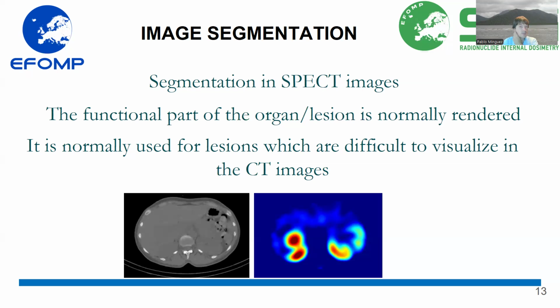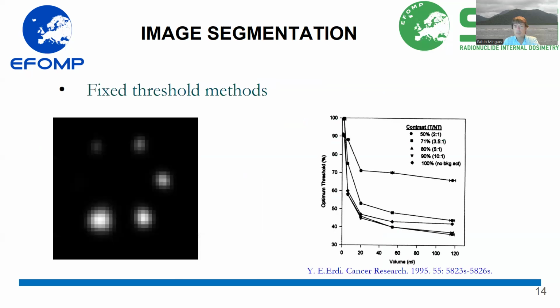So we can use other techniques to delineate the organs. I will summarize the main techniques used to delineate organs or lesions in SPECT or in CT images, but of course there are other techniques in the literature.